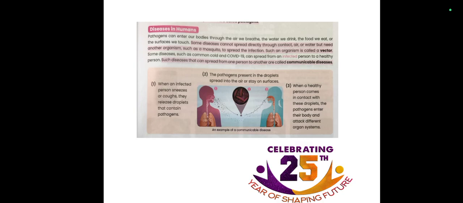So what are they? They are the vectors. So what are vectors? Vectors are organisms such as mosquito or flies that spread infections. Such an organism is called a vector.